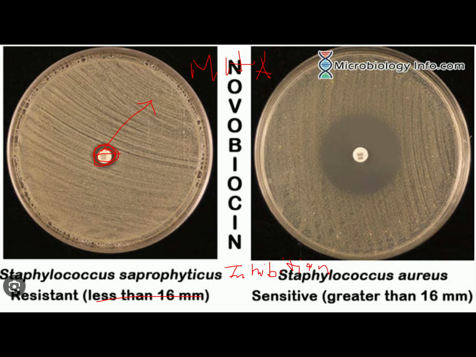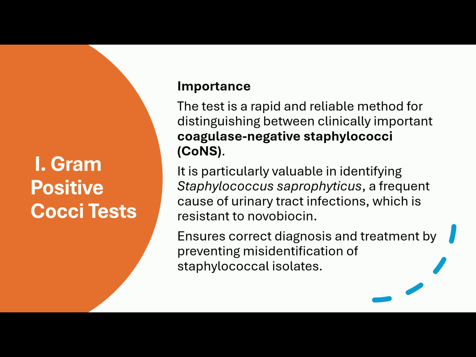If the diameter is less than 16 millimeters, you report that as resistant. But if the zone of inhibition is greater than 16 millimeters, let's say this is 23 millimeters, you report that as sensitive, which is usually Staphylococcus aureus, while the resistant is Staphylococcus saprophyticus.